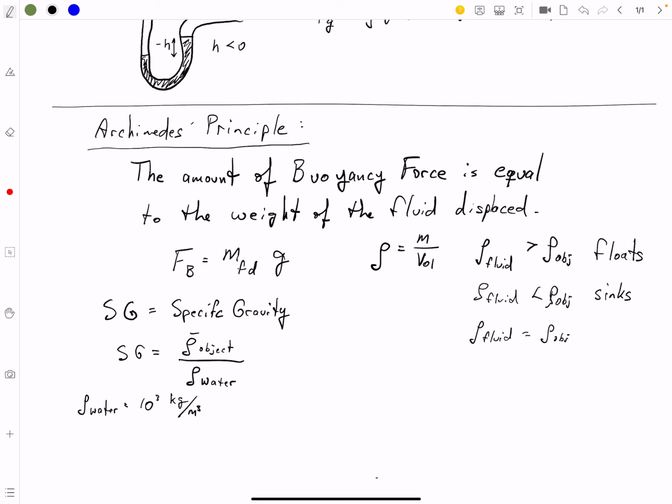If you were to drop an object like that into the ocean, and there's a point where the densities are equal, that object will fall all the way to the point where those densities are equal, and then it'll sit suspended at that point. Okay, so it sits in stasis or is suspended in the fluid.